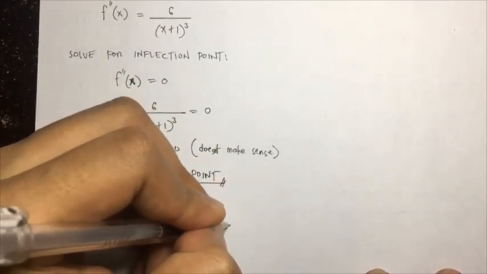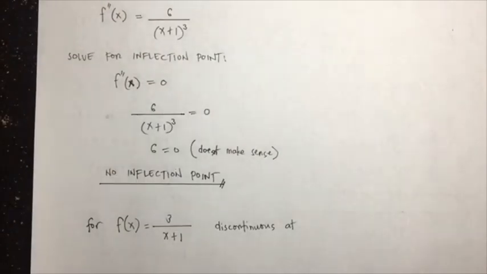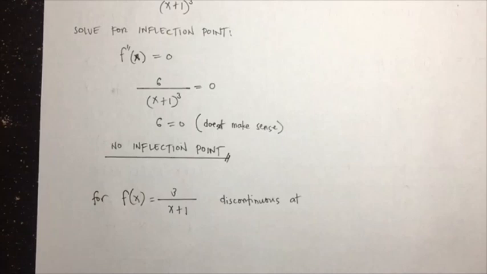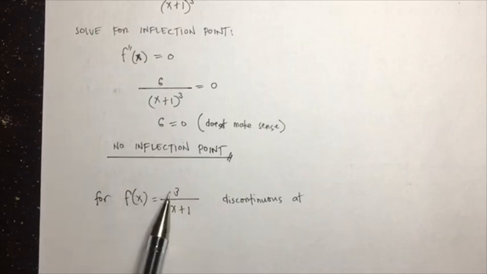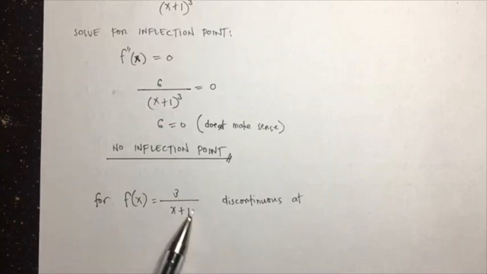So it's actually discontinuous if we have a value for x that will make this function indeterminate. That will exist at x is equal to negative 1. Why? Because at x is equal to negative 1, the denominator becomes 0, and 3 over 0 is undefined.